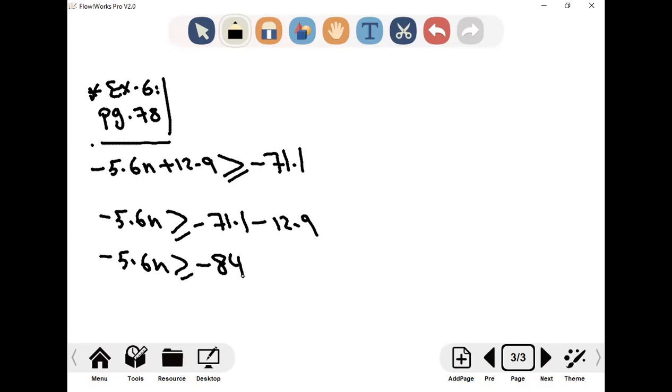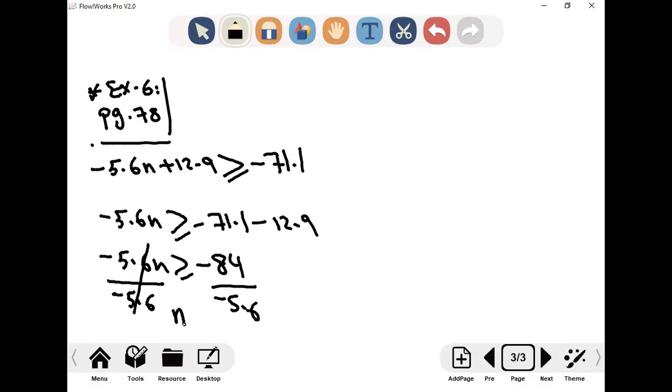By negative 5.6. And what I said a few minutes ago, if you divide or multiply both sides of the inequality by a negative sign, which is negative, I will change what? So let's divide both sides by negative 5.6 and negative 5.6. These are gone. Still what here?